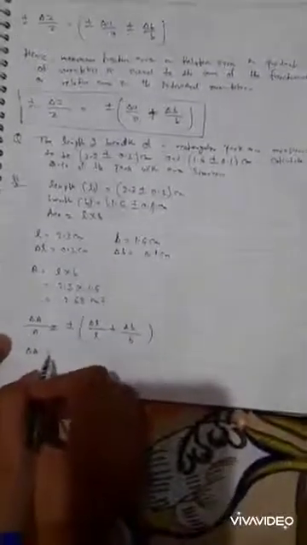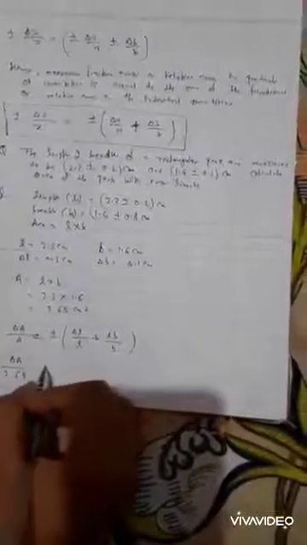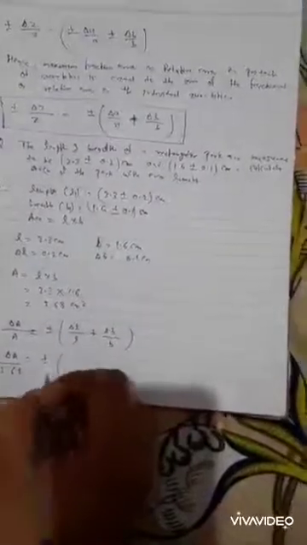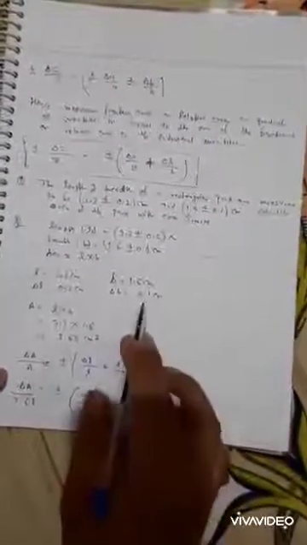Now we have all the terms and we have to calculate delta A. So delta A will be, here we can write A is 3.68 and plus minus, delta L is 0.2, L is 2.3, plus delta B is 0.1 and B we are having 1.6.